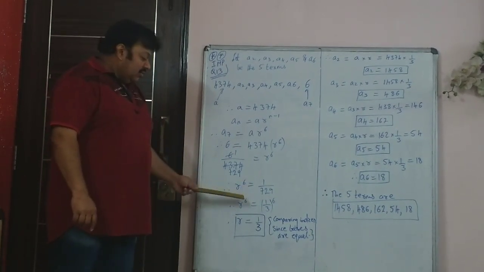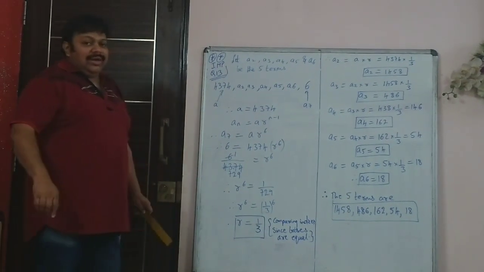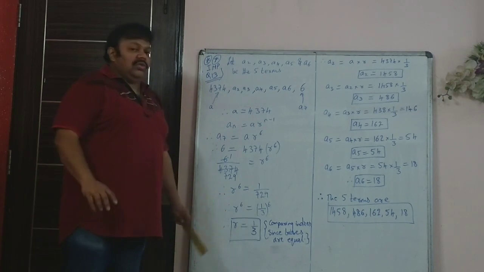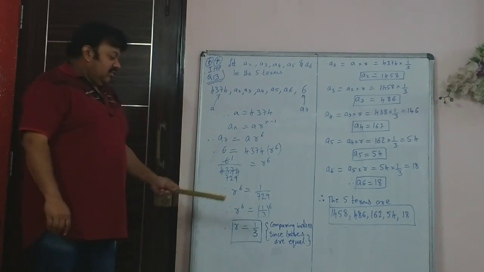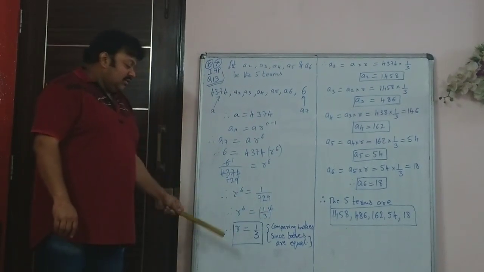So you have r raised to 6 is 1 by 3 raised to 6. 9 into 9 into 9 is 729. So 3 raised to 6 will be 729.